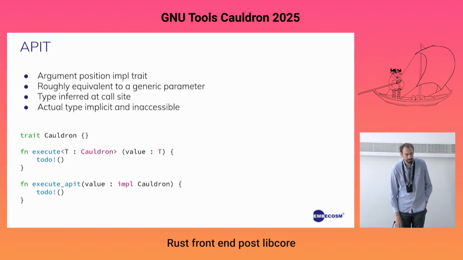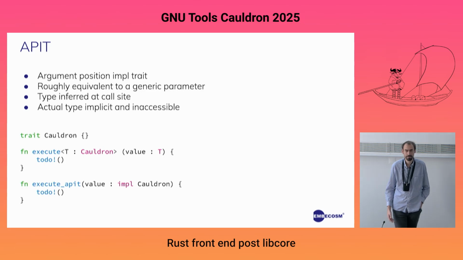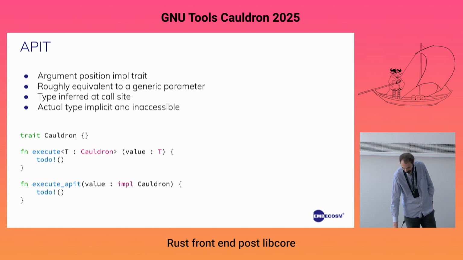The actual type is implicit and it is inaccessible. So once you're in the body of the function, you cannot technically know what type is used for the generic, but the compiler knows it. And that's not the case with the first function.